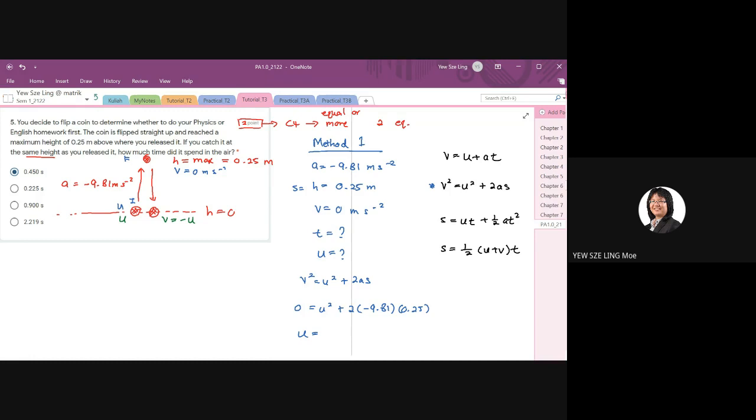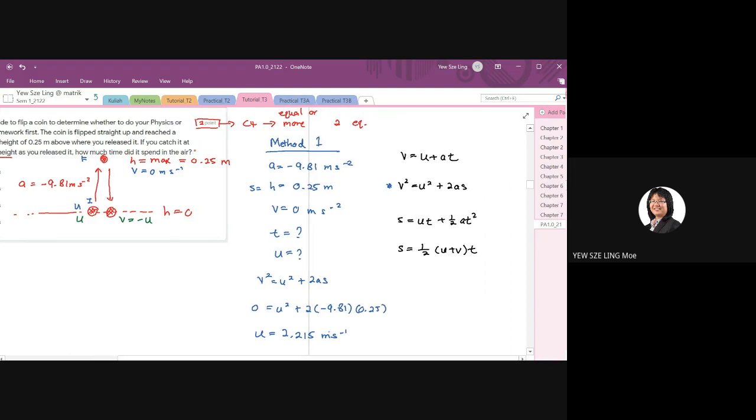Physics alert, I don't have the answer scheme, so we are going to do it together. If I make any mistake, remember to tell me. Then square root of 2 times 9.81 times 0.25, so the velocity is 2.215 meter per second. I'm going to take a positive value because initially my object is going upwards. When you square root it, you have plus minus, so in this case, I'm using a positive value.